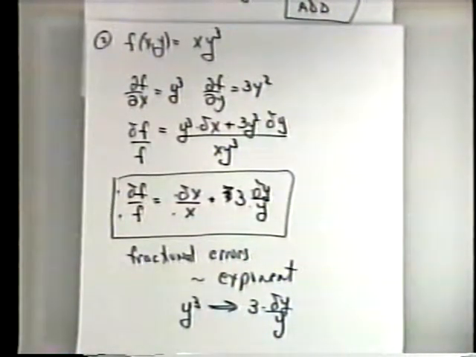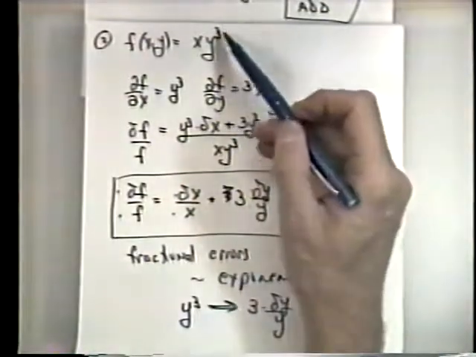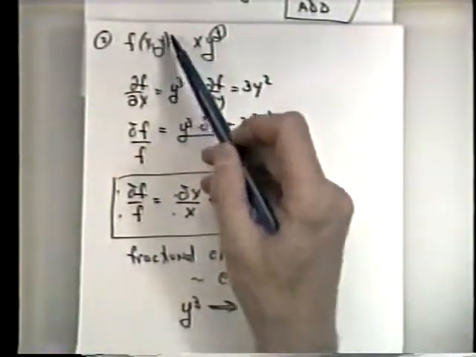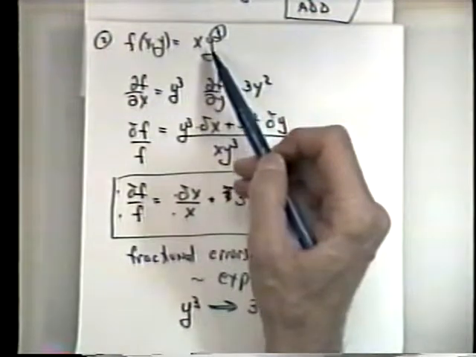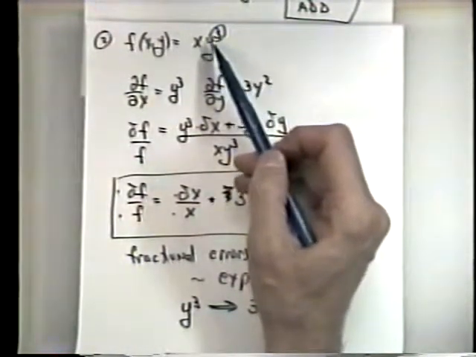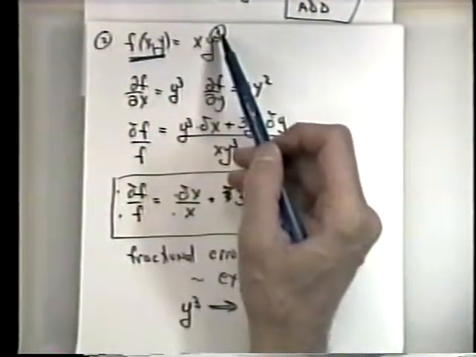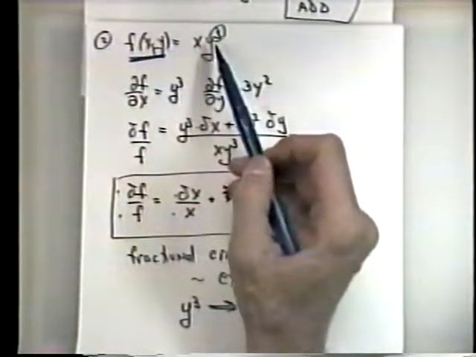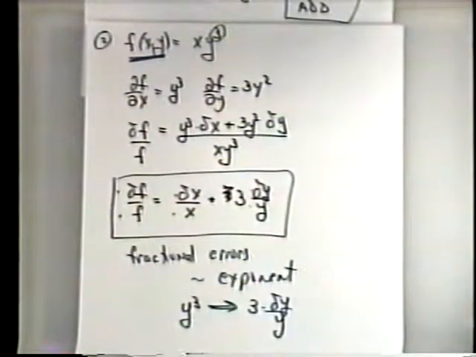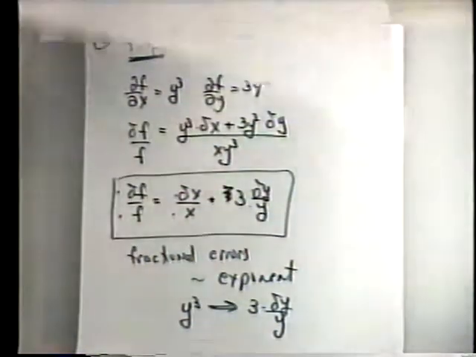So whenever I have an expression that has a power in it, the final error will be 3 times, if it's cubed, the fractional error in y. So if I'm evaluating an expression and something is raised to a high power, the error in that variable contributes most of the error to f. And the contribution is proportional to the power of the exponent. Is that clear?